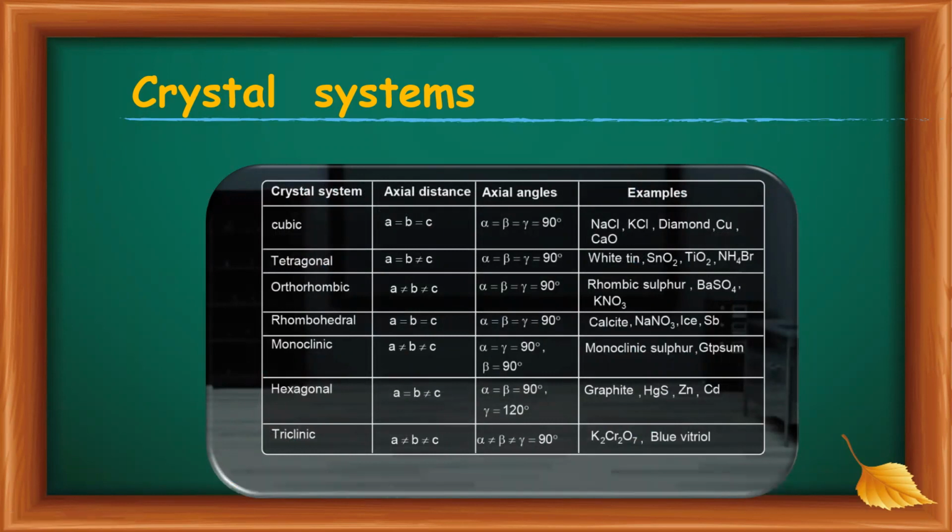Now look at their values. In cubic unit cell, the axial distances are equal and the angles are equal and it is equal to 90 degree.